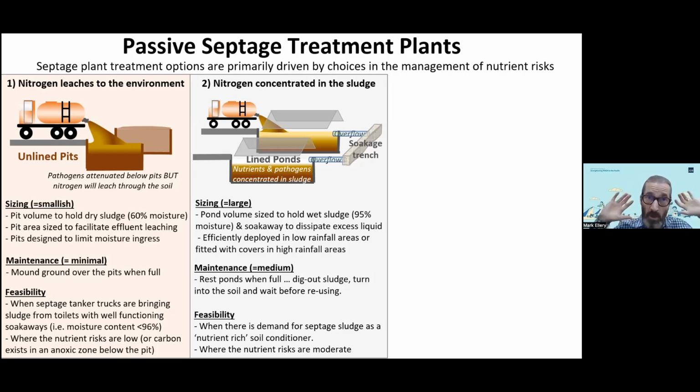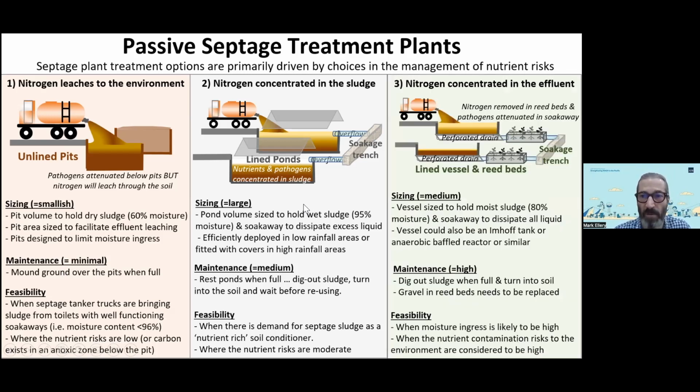But basically, you have large ponds and you're trying to dry the nitrogen into your sludge. Much bigger volume, much greater land requirements, and requirements for reducing the influence of rainwater into the drying process. And then it has to be graded out once it's dry and can be used as a soil conditioner.